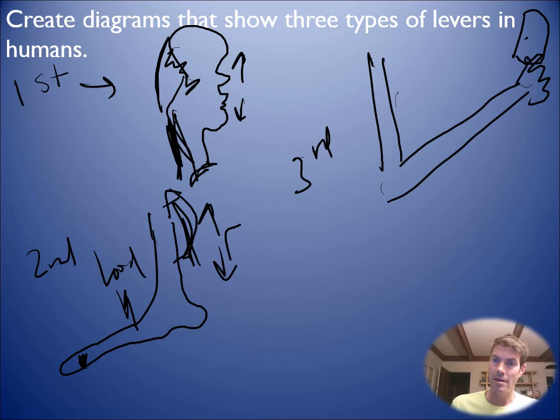You got Instagram, checking out Justin Bieber's latest pictures. So here's your bicep, attached, and your fulcrum, you're rotating right here, but you're pulling up kind of in the middle of the lever, rising up to there. Okay.